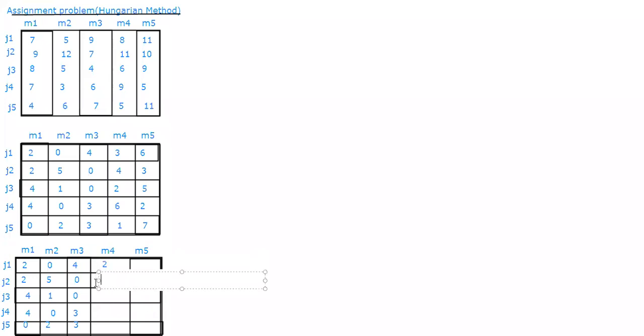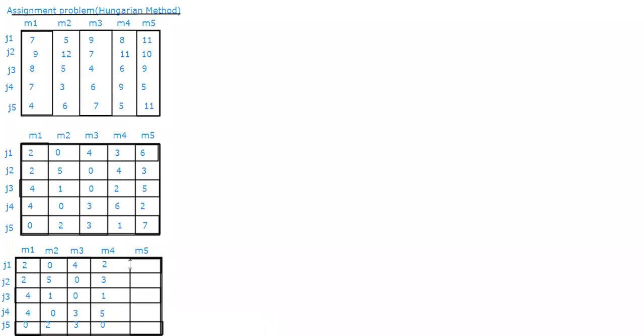Then 4 minus 1, 3. Then 2 minus 1, 1. Then 6 minus 1 is equal to 5. And 1 minus 1 will obviously be 0. So this one I have got.